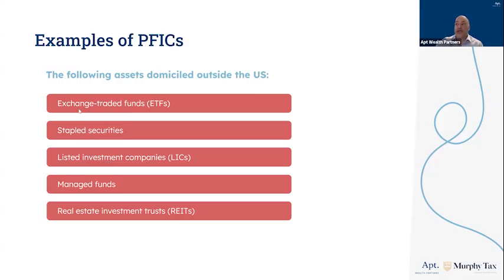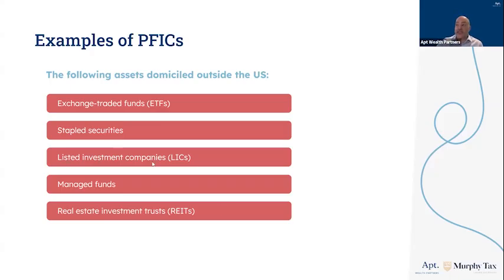So exchange traded funds or ETFs, a very common and popular way of investing. A stapled security. Many won't know what a stapled security is, but it's a combination of equity and unit trust. An example would be Transurban, which is a well-known stock here in Australia. That would be a stapled security.